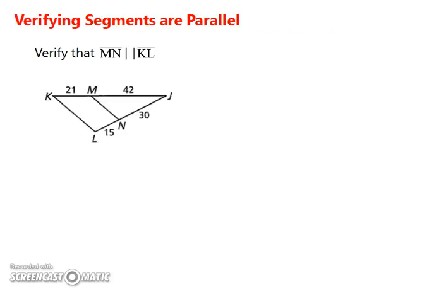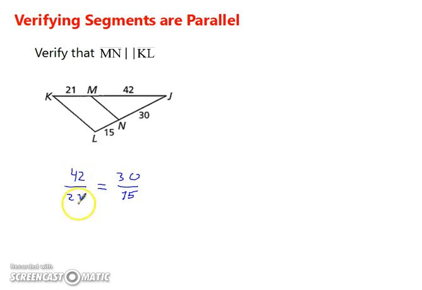Let's look at an example. Verify segments are parallel. We're going to verify that MN is in fact parallel to KL. To do so, we need to make sure that they're actually proportional. So we have 42 over 21 equals 30 over 15.